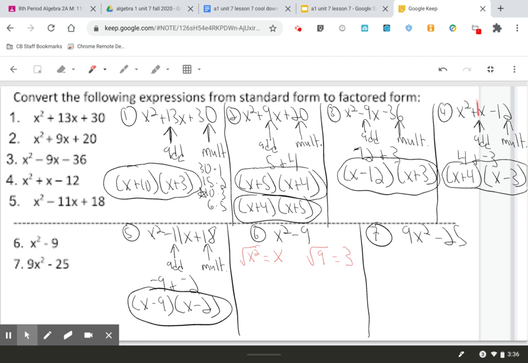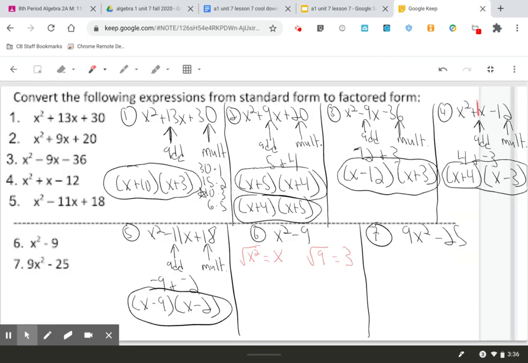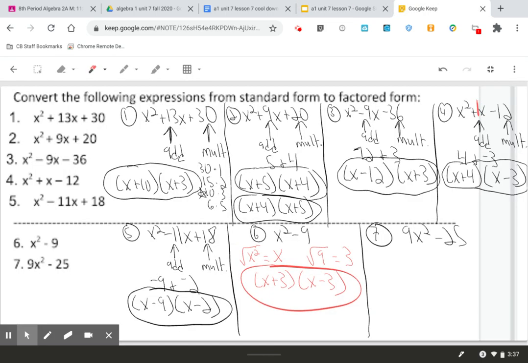So when you have two perfect squares with subtraction, all I need to do is take the square root and create my two factors. So my two factors are going to be x plus 3 and x minus 3. Okay, that's what I mean by one with plus and one with minus. And that is literally it. X plus 3 and x minus 3.